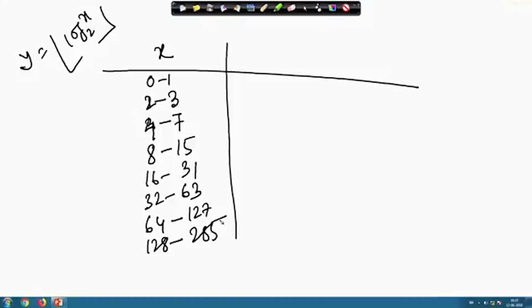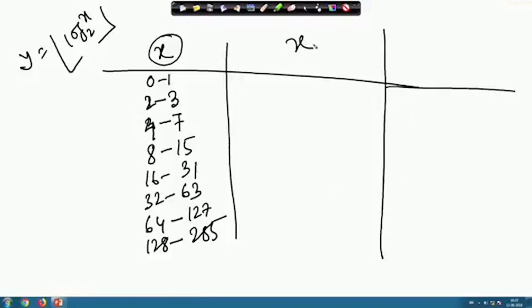Okay, if I am considering only x as 8 bits. So that means x7, x6, x5, x4, x3, x2, x1 and x0.